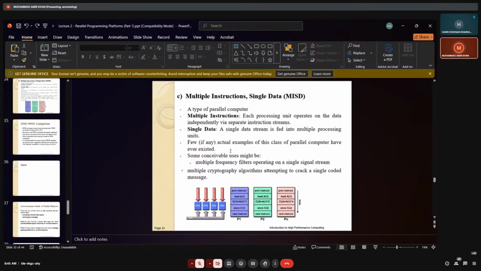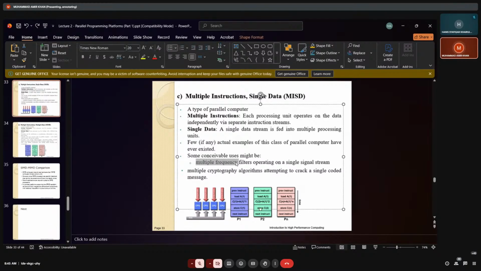Few or any actual examples of this class have ever existed, but in electrical engineering we can use this kind of system, where we have multiple frequency filters operating on a single signal, or multiple cryptography algorithms attempting to crack a single coded message. We have multiple instructions, but the data is single.